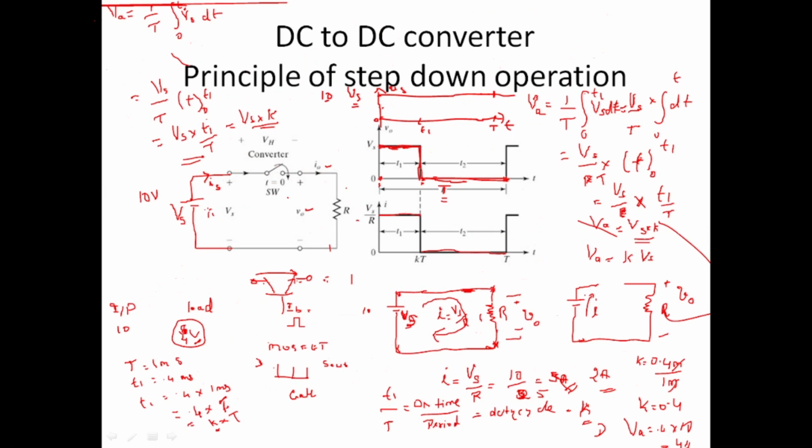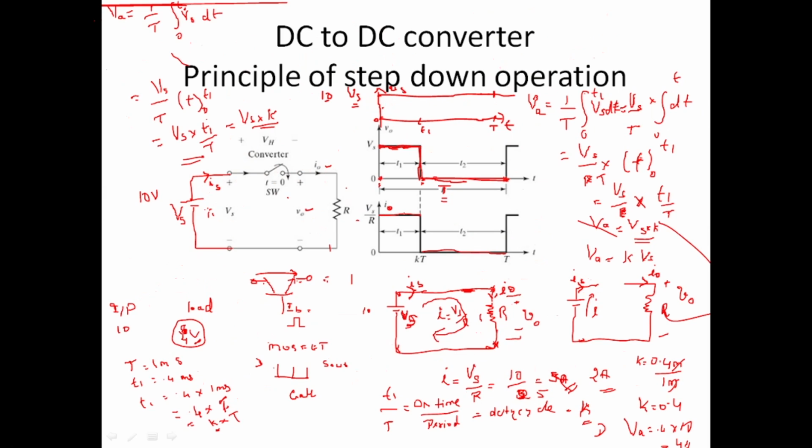On the source side this is Is, and on the load side I plot this as I naught. Is is 0 when the switch is open. When the switch is closed, Is is the same as I naught.